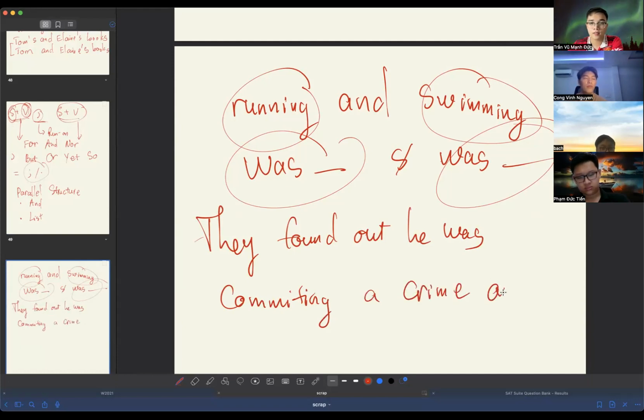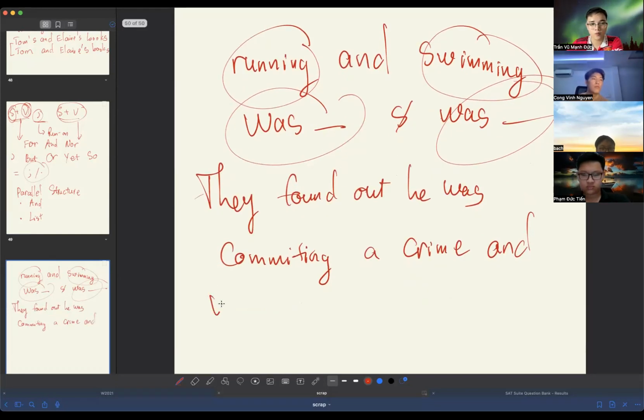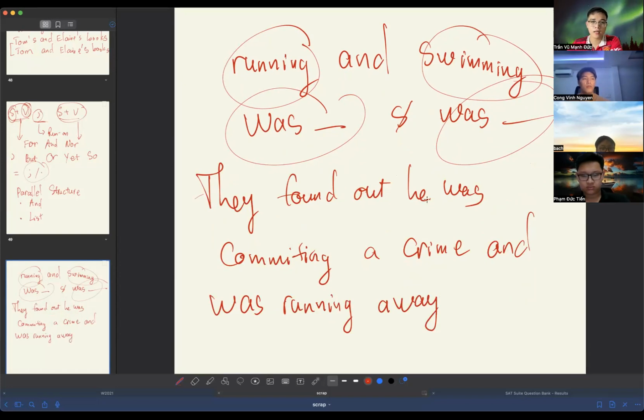If I say and, there are two possible scenarios. Firstly, I can say and was running away. In this case, it would mean that he was committing and was running, and this is the parallelism. In this case, it is between was committing and was running.